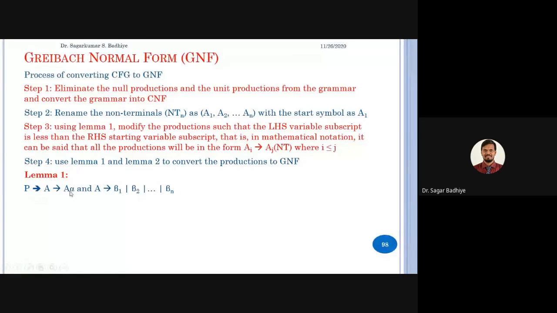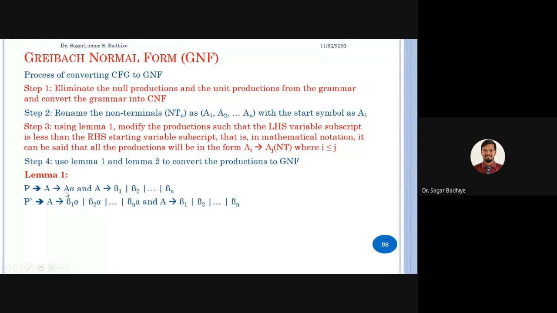So in that case, what we would do, we would replace this A by all its productions simply, and we'll make a new production. So G dash will be (V, T, P dash, S). So we'll add a new P dash such that this A will be replaced by all the beta rules, that is the right hand side of these beta rules. So it would become A derives to beta 1 alpha, beta 2 alpha, dot, dot, dot, beta n alpha, right?